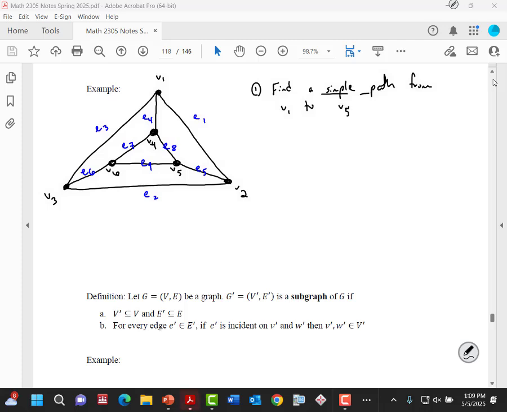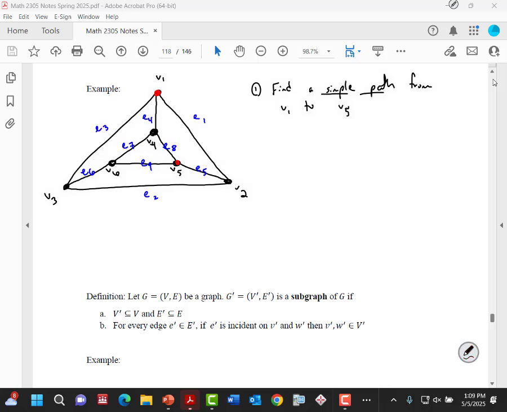Now, I'm not saying that this path is unique by any stretch. I'm simply stating that we can hopefully find a simple path from V1 to V5. So I need to go from V1 to V5 with no repeated vertices.